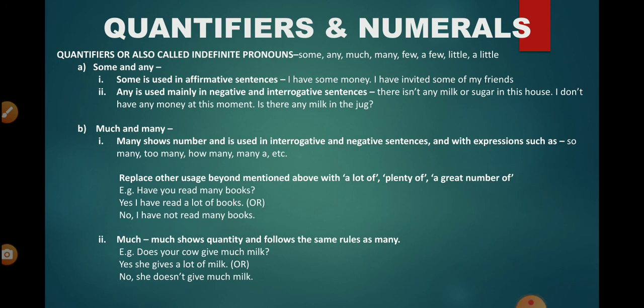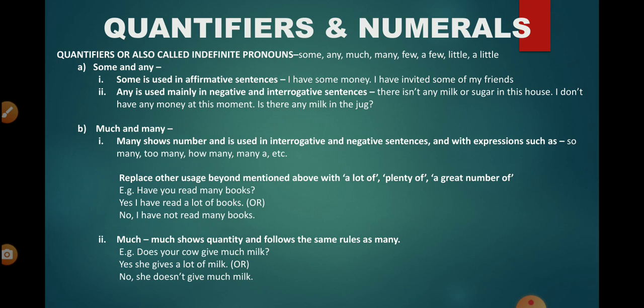So some is used in affirmative or positive sentences and gives the sense of something being unspecified. I have some money means I have money, but how much money I have is unspecified or unclear. I have invited some of my friends. I have invited my friends, but how many?